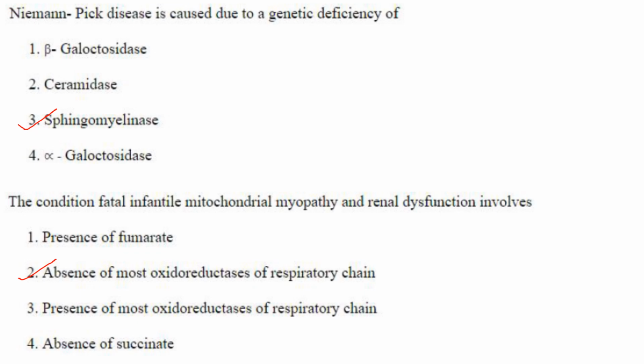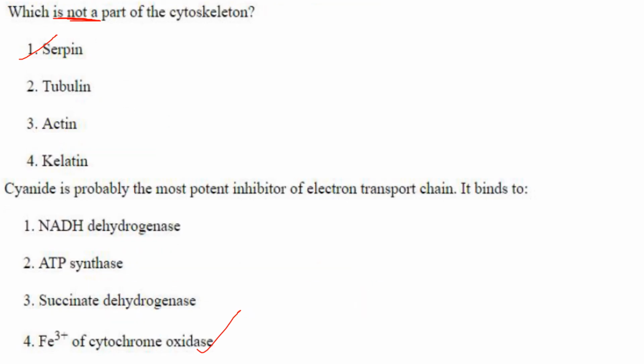The next one, the condition fatal infantile mitochondrial myopathy and renal dysfunction involves presence of fumarate, absence of most oxidoreductases of respiratory chain. Yes, that is correct. The oxidoreductase is usually cytochrome C oxidase, which becomes deficient in fatal infantile mitochondrial myopathy and renal dysfunction. So the answer here is option 2.